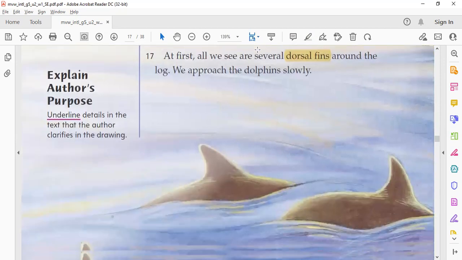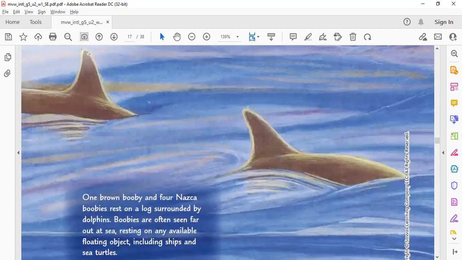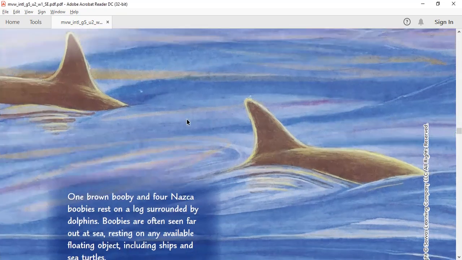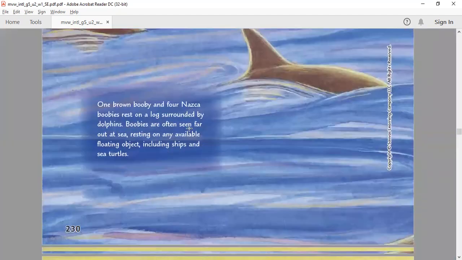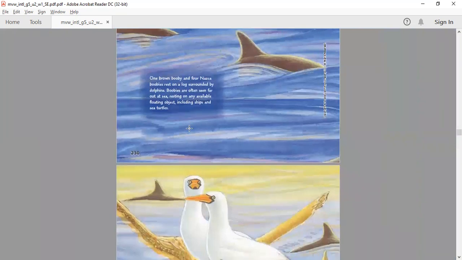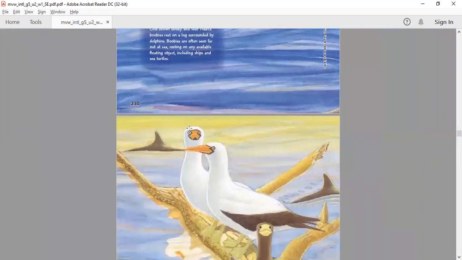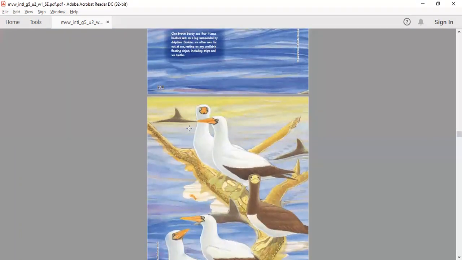Okay, let's complete reading. Here is the caption. 1 brown booby and 4 Nazca boobies rest on a log surrounded by dolphins.